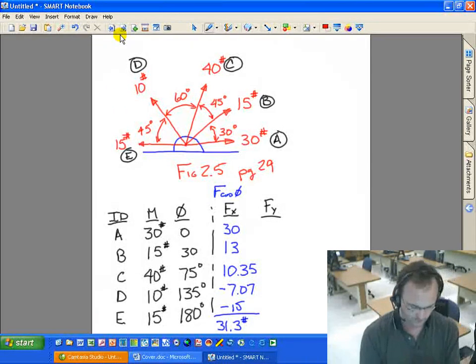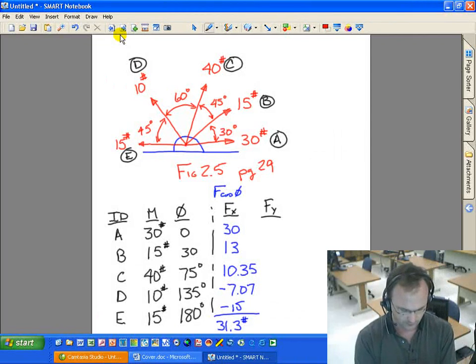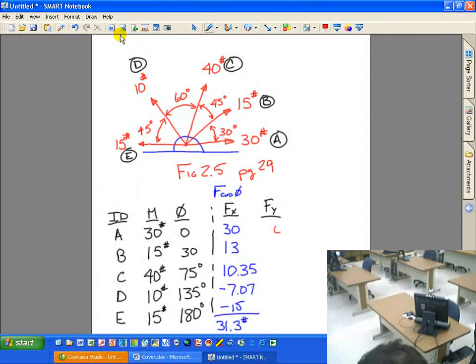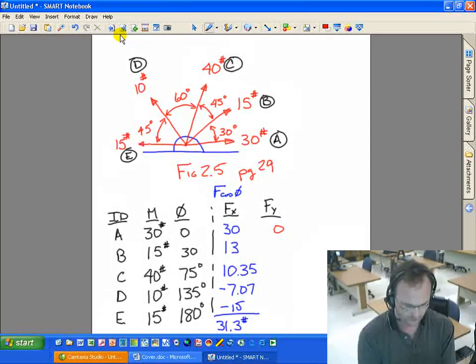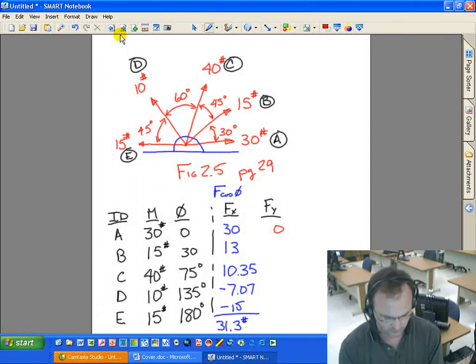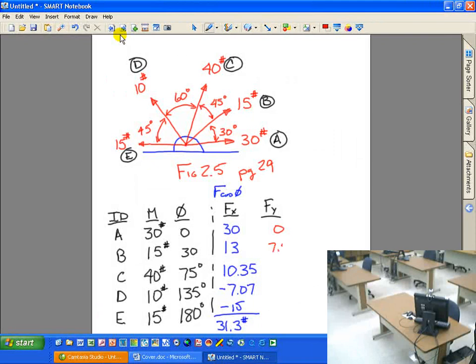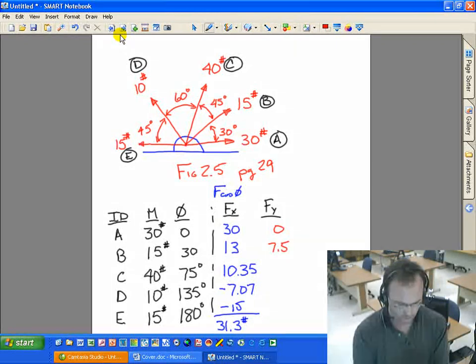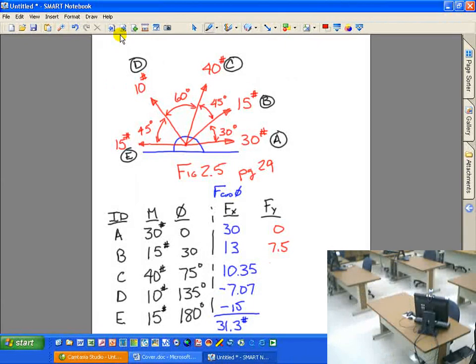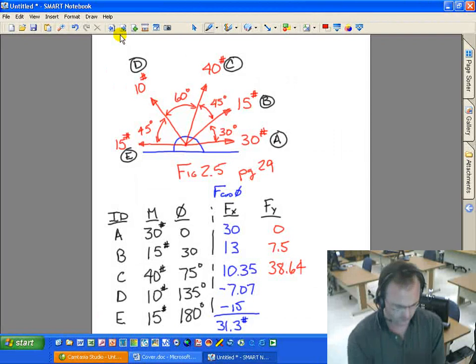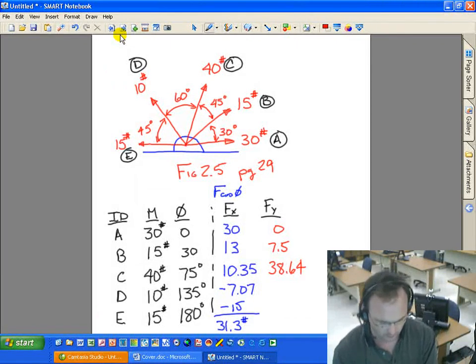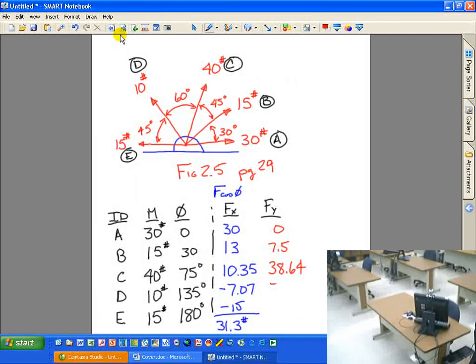In the y, 30 times 0 sine equals 0. 15 times 30 sine equals 7.5. 40 times 75 sine equals 38.64. 10 times 135 sine equals 7.07.